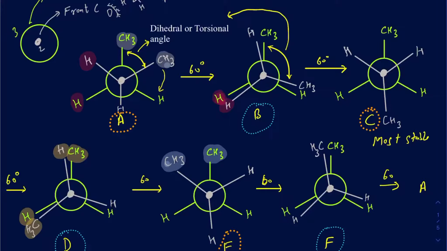But when I'm looking at the C conformation, the CH3 groups are actually opposite to one another. So that's when they're going to have almost no interactions, or minimum interactions with one another.